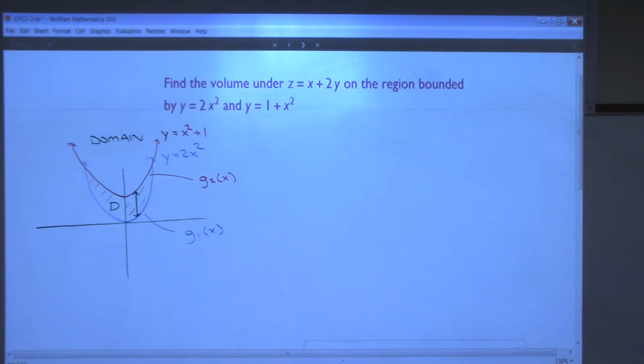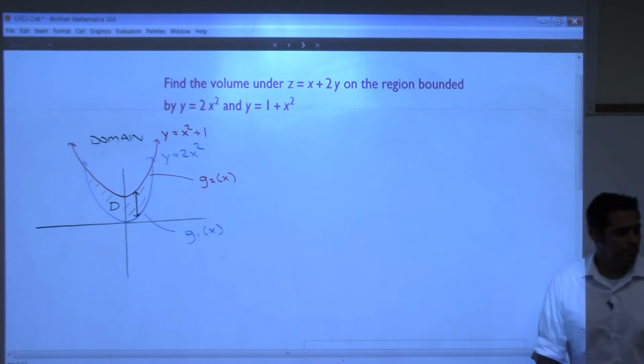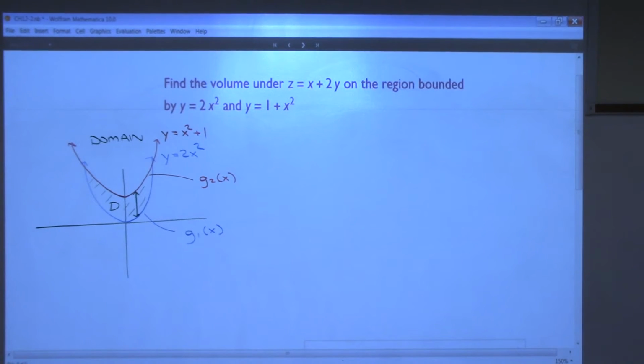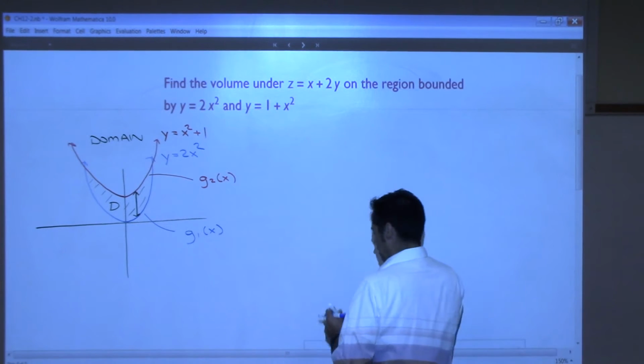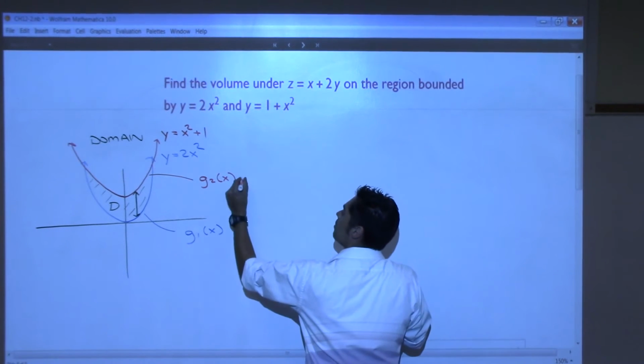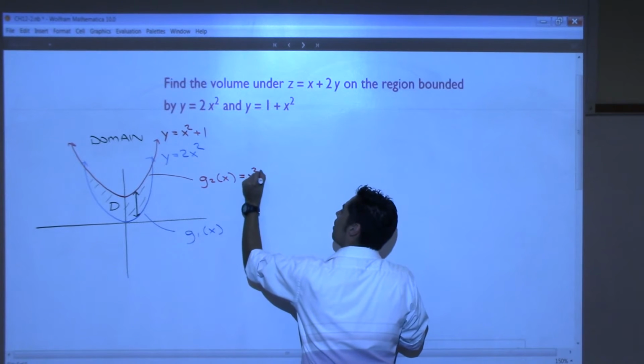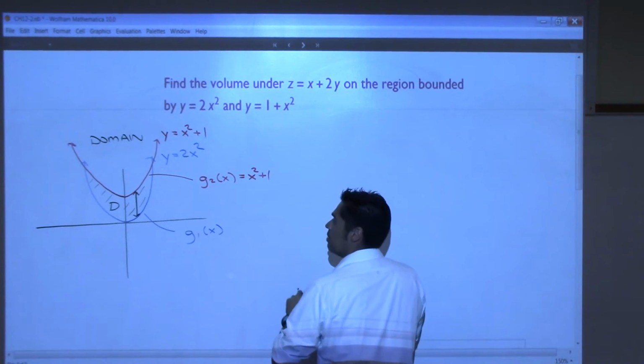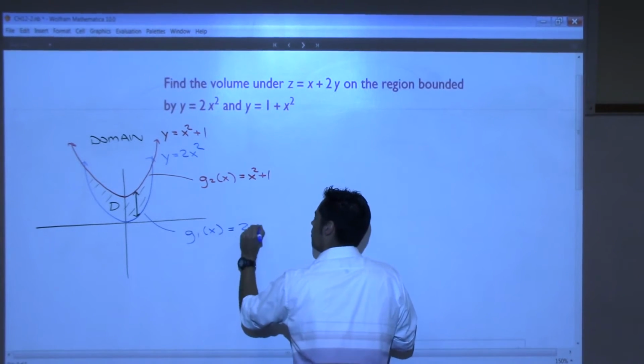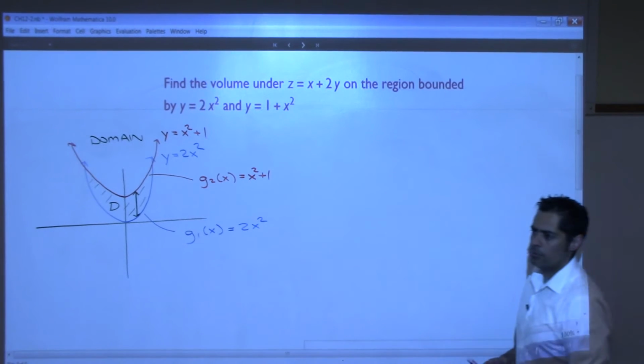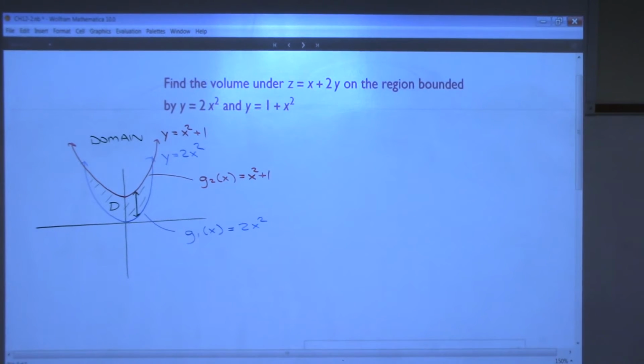So in the order of integration, which one would go on top? 2's on top, 1's on bottom. The upper limit is going to coincide with the upper function. The lower limit of integration is the lower function. So it works that way, right? So I'm just going to write here, this one is x squared plus 1, and this one is 2x squared. That all right? What's the other thing we need to resolve?